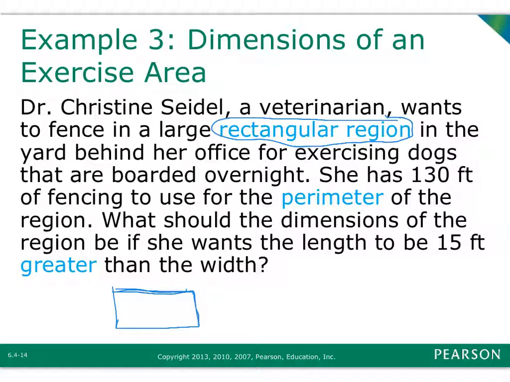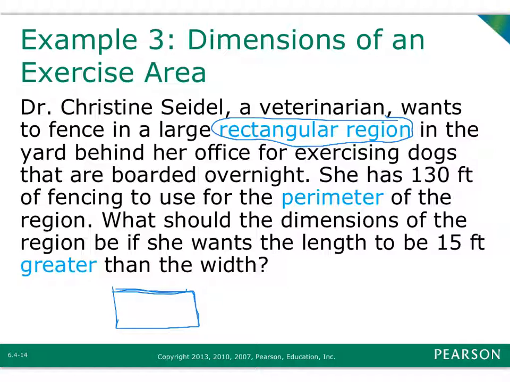So, Dr. Christine, a vegetarian, she may be a vegetarian, but she's also a veterinarian, wants to fence in a large rectangular region in the yard behind her office for exercising dogs that are boarded overnight.